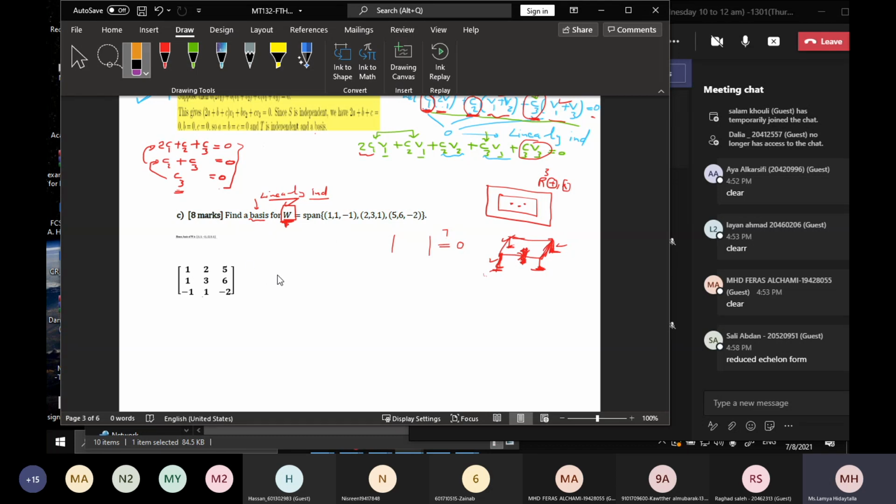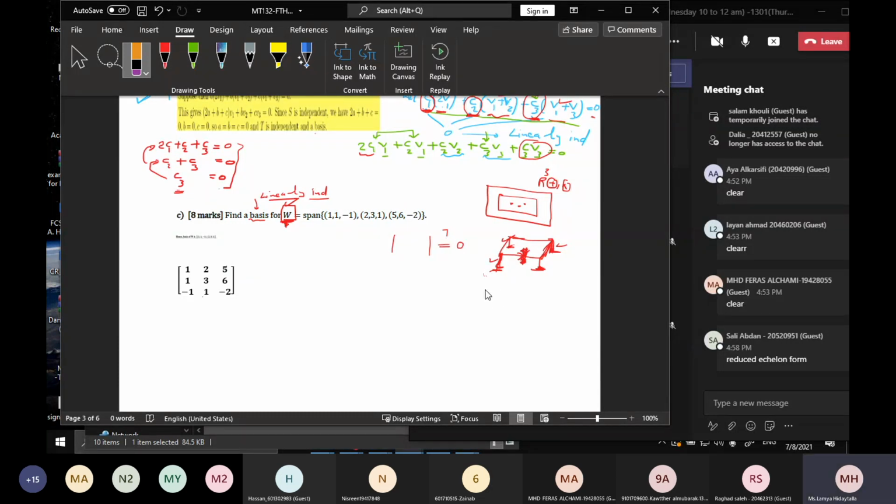And those that have no leading ones, that means they are dependent on the others. So I don't need them. Corresponding to those, that's the one that I have to remove.